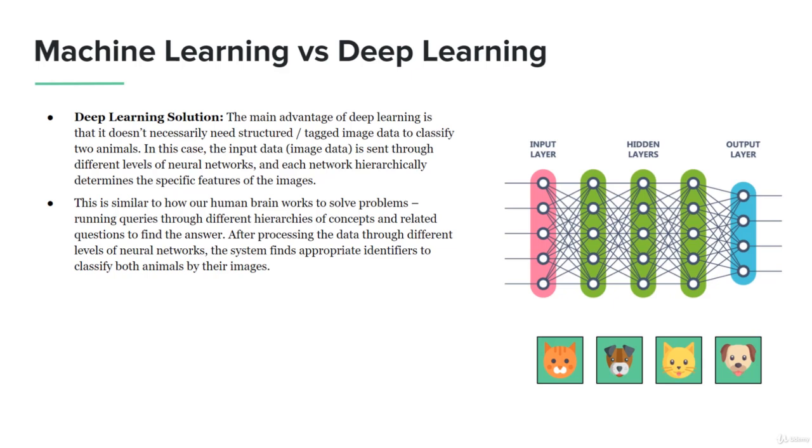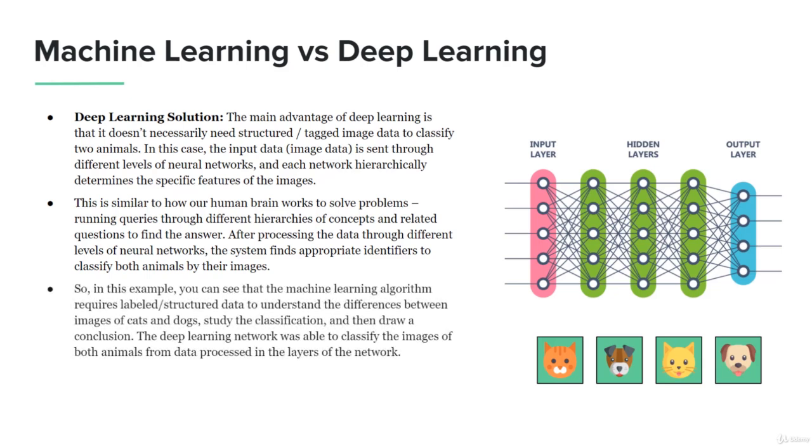After processing the data through the different levels of the neural networks, just like our brain, the system finds appropriate identifiers to classify both animals by their images. So in this example, you can see that the machine learning algorithm requires labeled and structured data to understand the differences between the images of the cats and the dogs, and then study the classification and draw a conclusion.